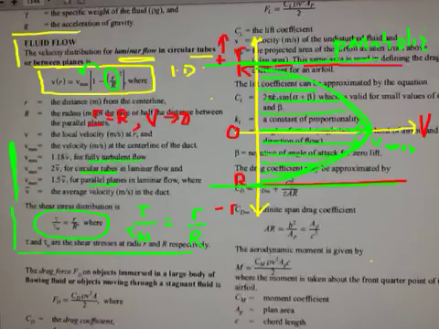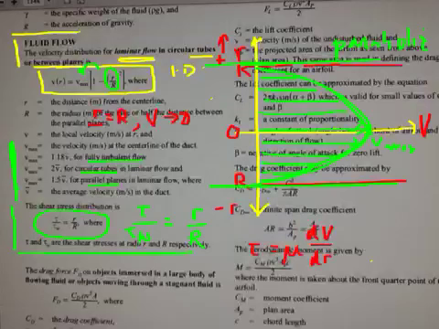Now this is a bit odd, but you recall that earlier in the FE content, it shows you that the shear stress is equal to viscosity times the change in velocity with respect to, in this case, r, the y-axis.